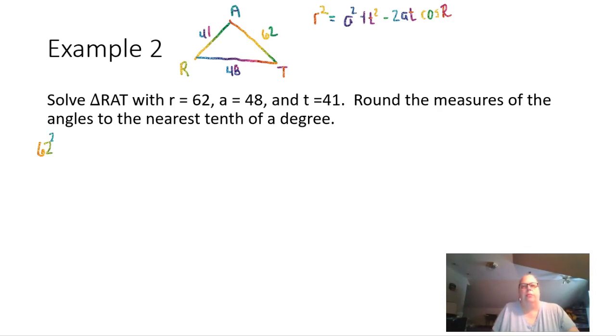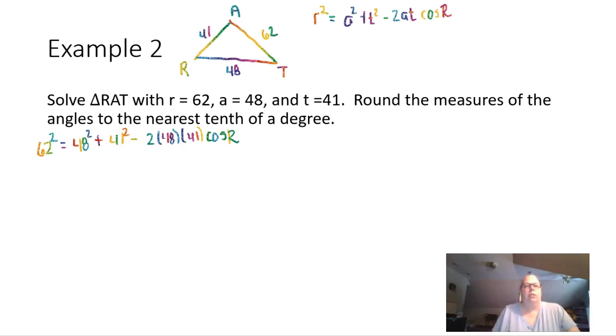R squared is equal to A squared plus T squared minus 2 times A times T times the cosine of angle R.